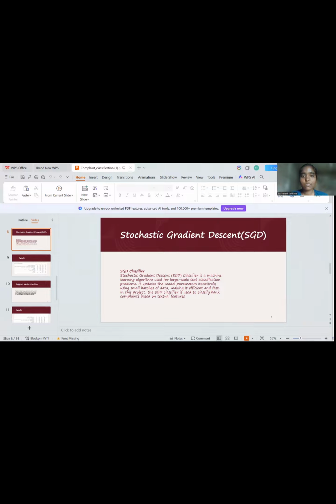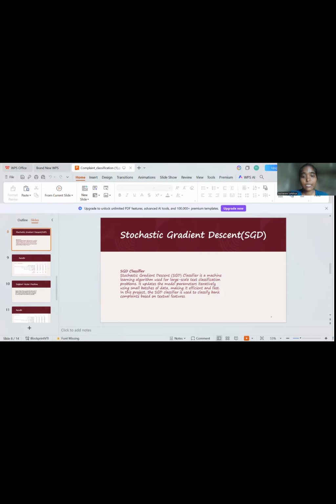Like how does it work? SGD takes one complaint at a time, calculates the error, updates the model weights immediately, and repeats this process multiple times until the model improves. This continuous updating helps the model learn faster.